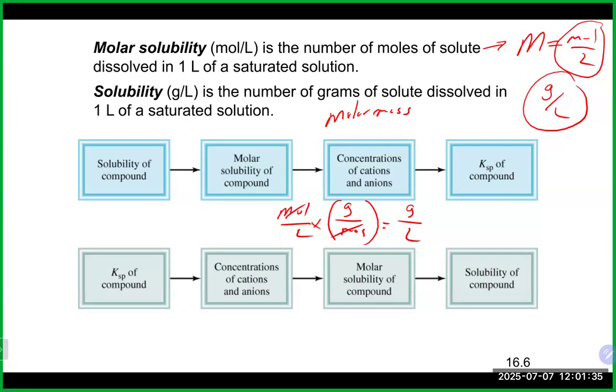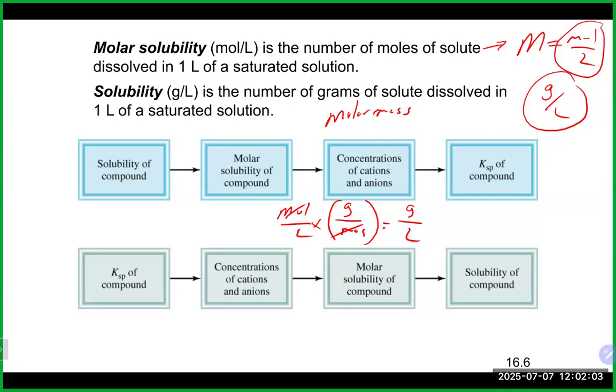if you understand molarity and ion concentrations. The second type of problem, which is very common, is you are just given the KSP value and that's it. Or you got to go find the KSP value in a table and you're not given any other information, no other numbers, pretty much just like what is the solubility of this compound, basically. And if the KSP is given to you in the problem, obviously you can use it. If not, you may have to, like I mentioned, kind of go and look it up in a table.